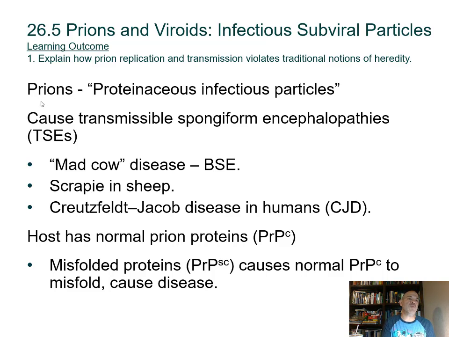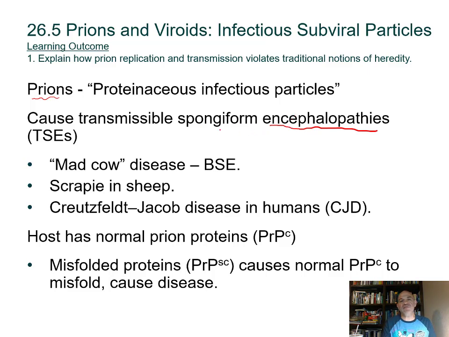So for prions, prions is short for proteinaceous infectious particles. Here, these particles themselves are proteins, and they are responsible for diseases that are collectively called encephalopathies, or pathology or disease of the brain, your nervous system.